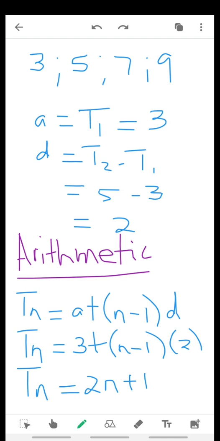Then plus n minus 1 times d, which is 2. When you multiply 2 inside the bracket, you find the product there. You're getting 2n minus 2 plus 3. But what is 3 minus 2? It's plus 1. So the final answer became Tn equals 2n plus 1.